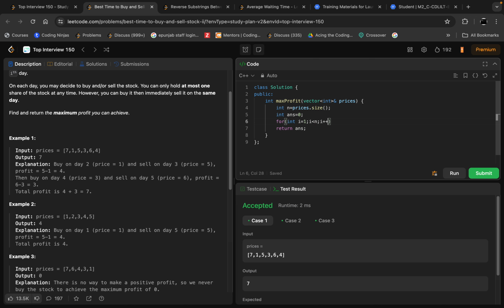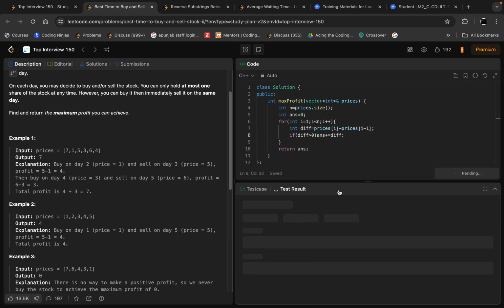I'll take a variable difference, where I will take prices of i, where I will basically check the next value of the future and then the current value, the previous one. If my difference comes out to be greater than 0, I will simply add my difference to the answer, else I will not.